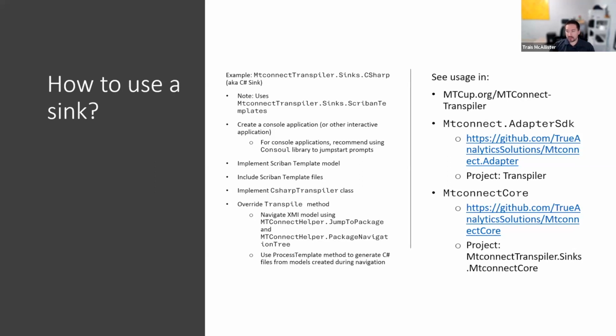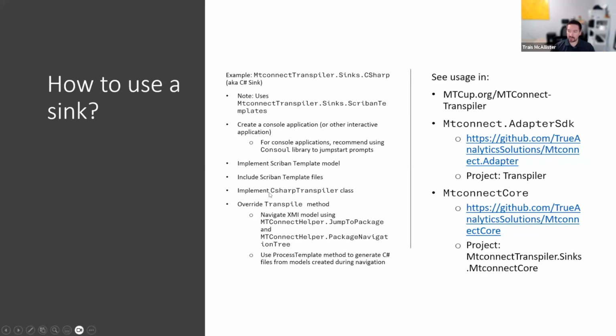The next thing you want to do, in the case of implementing a C# sync, if you want to write C# code, is you'll want to implement a Scriban template model, and there are examples for that here in the Adapter SDK and MTConnect core, where you'll basically want to define a model that can be used in the templates to output your files.